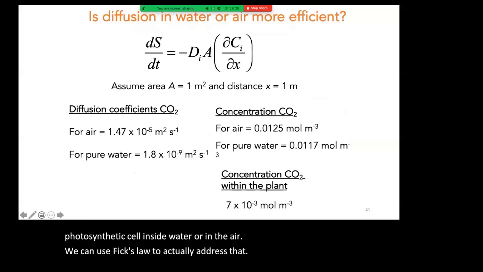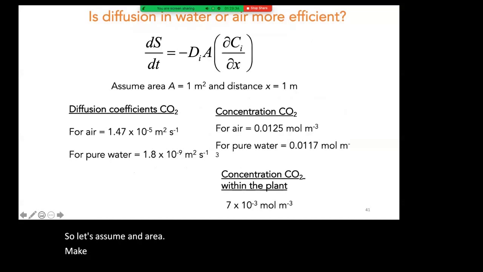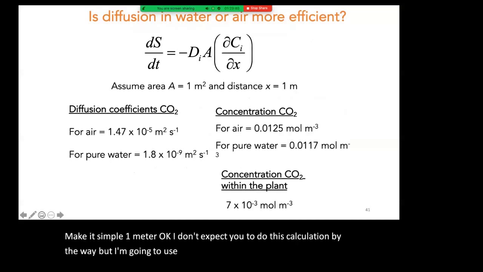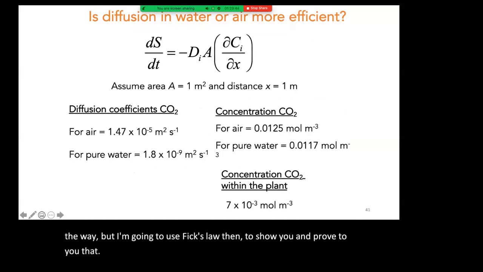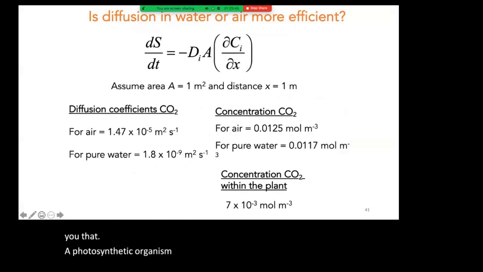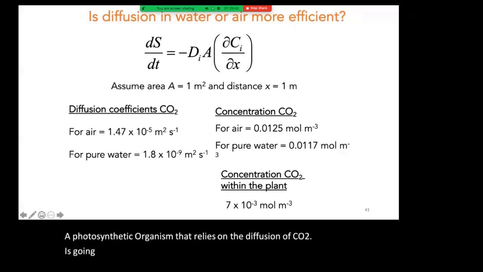Let's assume an area, make it simple, 1 meter. I don't expect you to do this calculation, by the way, but I'm going to use Fick's law to prove to you that a photosynthetic organism that relies on the diffusion of CO2 is going to perform photosynthesis at a much higher rate in the air than in the water.